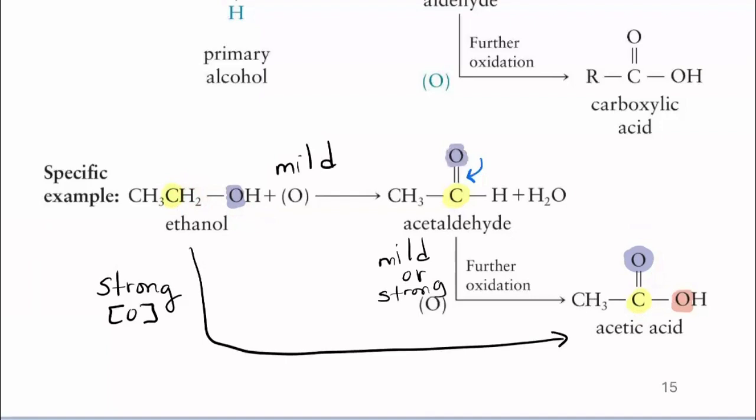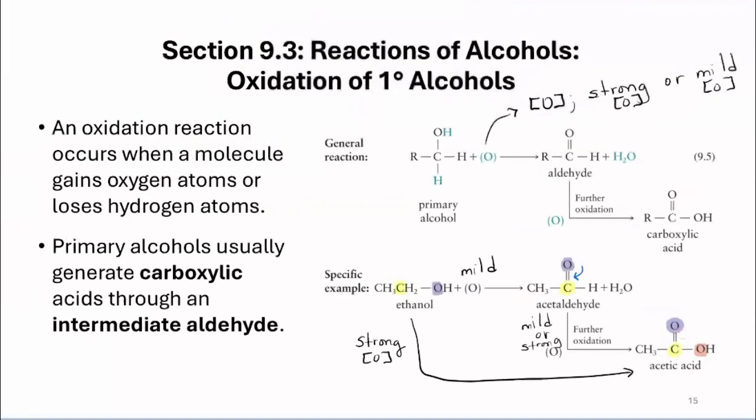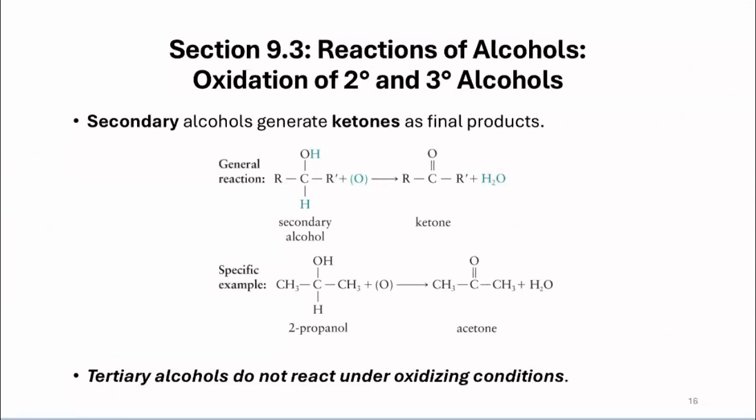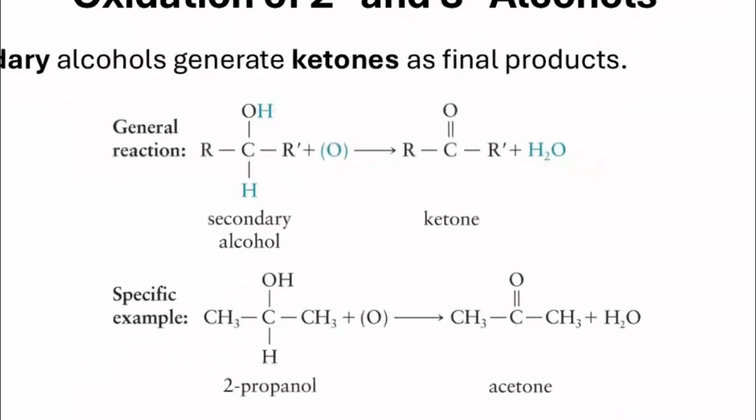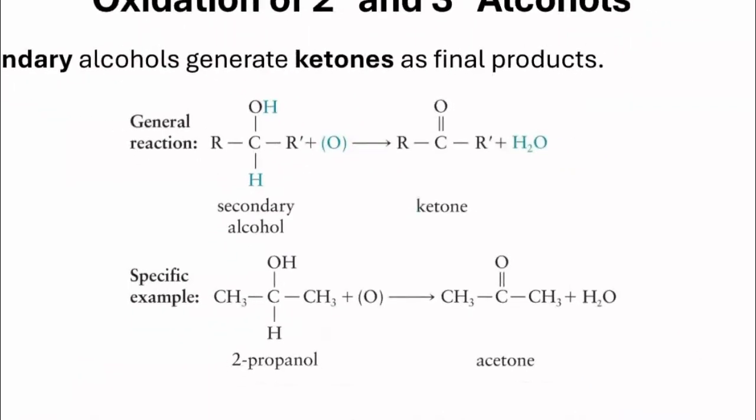Let's now look at what happens to other types of alcohols when we expose them to oxidants. Secondary alcohols only generate ketones. It doesn't matter if we react that secondary alcohol with mild oxidation conditions or strong oxidation conditions.